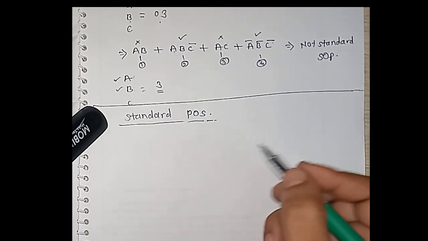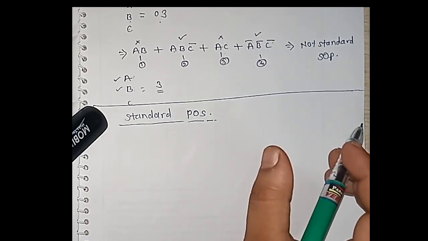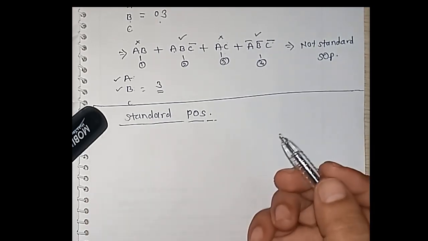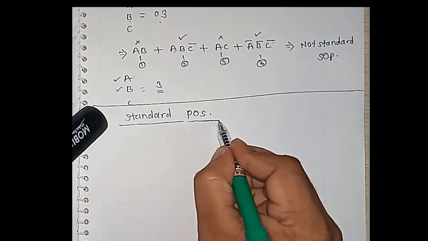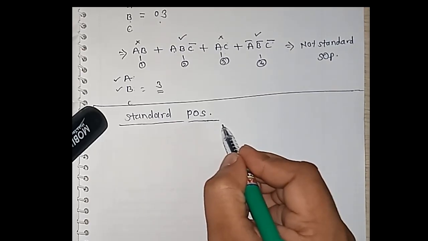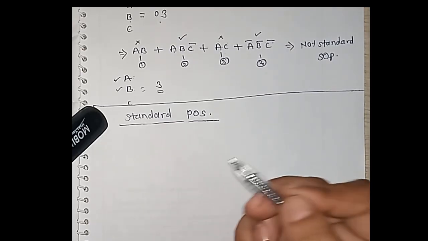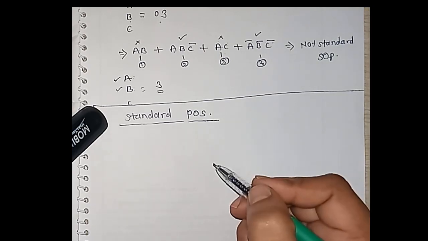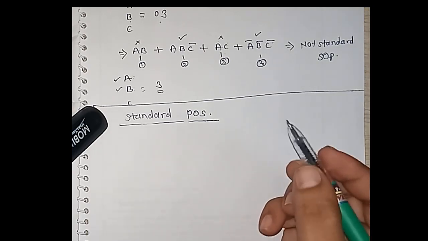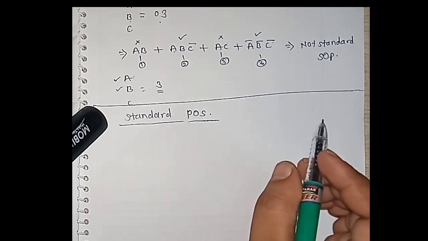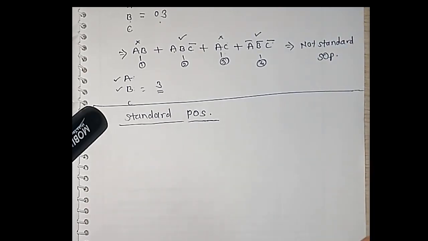Then we will call that equation a standard POS form. Again I repeat, if the sum terms in an equation consist of all the literals present in complemented or uncomplemented form, at that time we will consider that equation a standard POS equation.